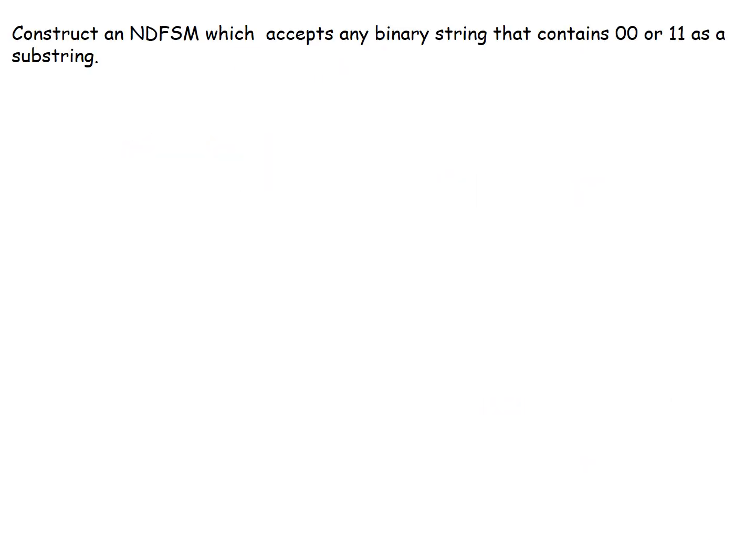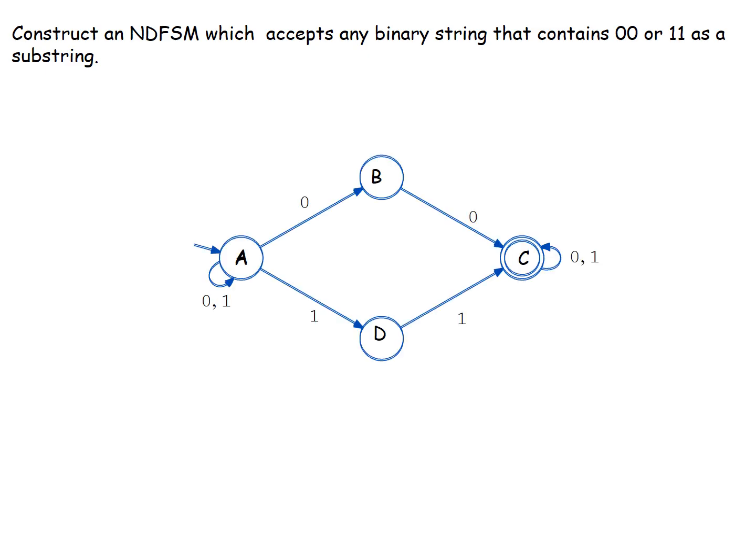Another best example here: construct an NDFSM which accepts any binary string that contains 00 or 11 as a substring. So the input alphabet is 0 and 1, with 00 or 11 as a substring, and you just have to construct an NFA or NDFSM. Look at this.